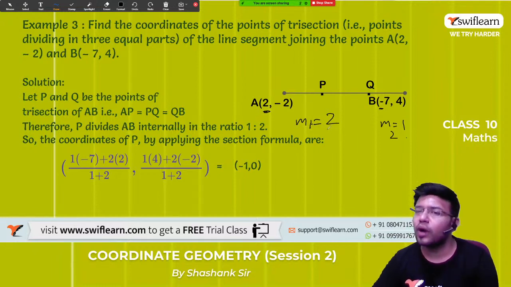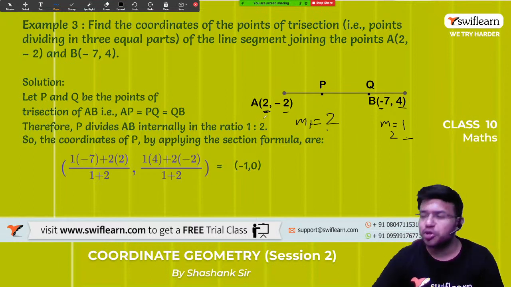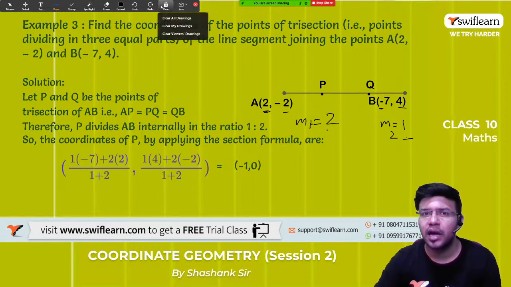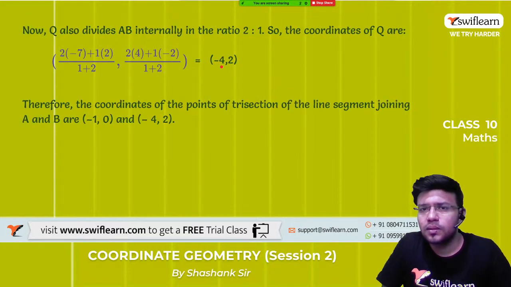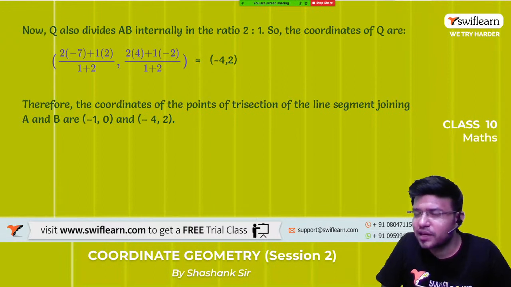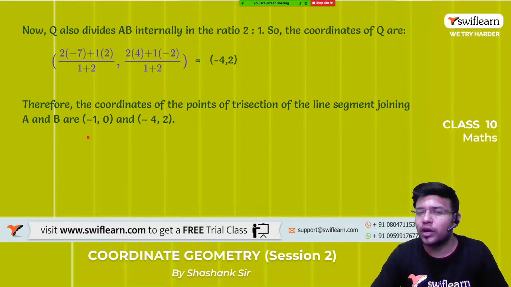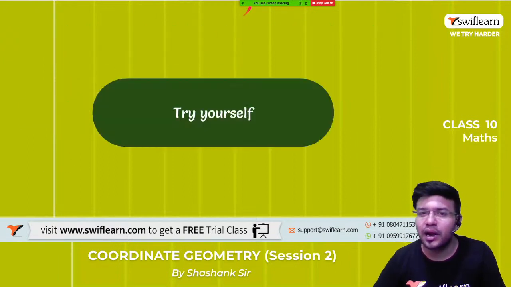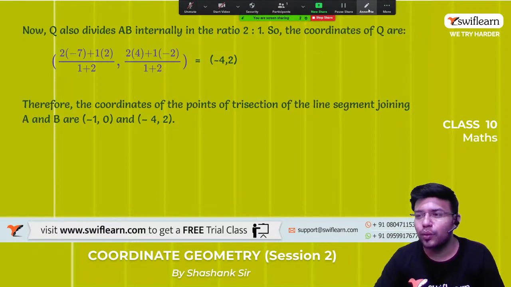Okay, y coordinate को M1 y2 plus M2 y1 divided by M1 plus M2. Plus into minus, minus हो जाएगा. Okay, substitute all those things. Do this and tell me the answer. What are you gonna get? Yes, simplify it. So you are going to get 4, comma -2. Yes, therefore the coordinates of trisection are -1, 0, which is coordinate of point P, and 4, -2, which is coordinates of point Q.